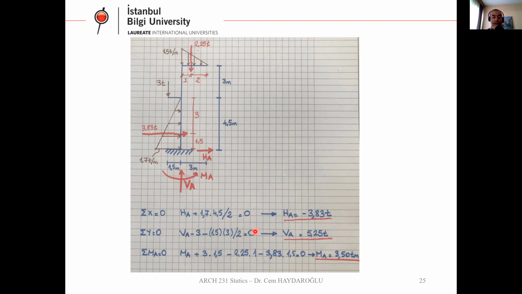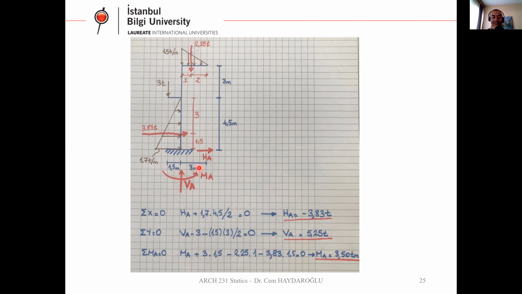So we have only one unknown here, VA equals 5.25 tons. So we have HA and VA. So we have one more unknown, which is MA. Okay, we are going to calculate the moment at point A. I have MA, which is the direction.